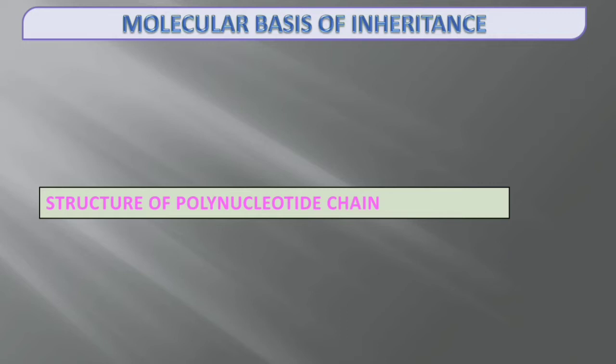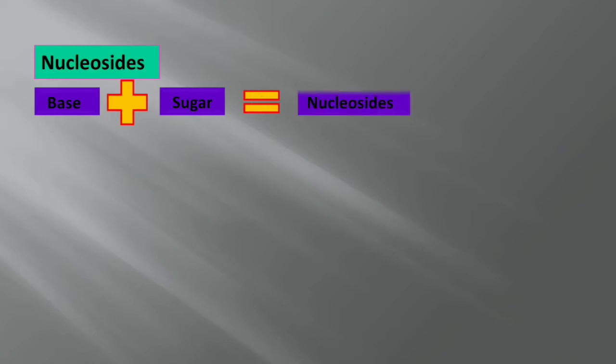When you talk about nucleotide, the first nucleoside is formed. And you already know that when nitrogen base is linked to a pentose sugar through a bond called N-glycosidic bond, that results in formation of nucleoside.